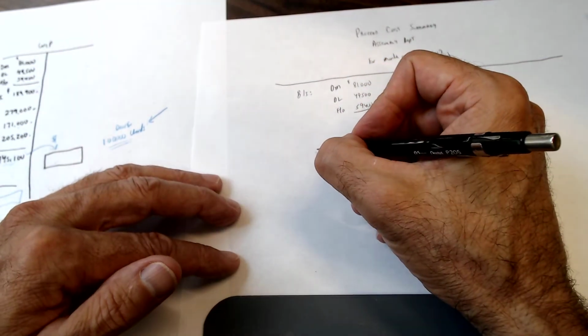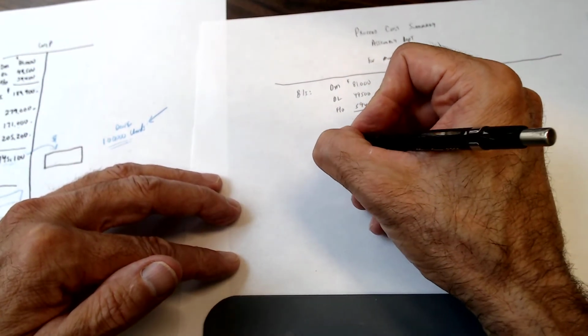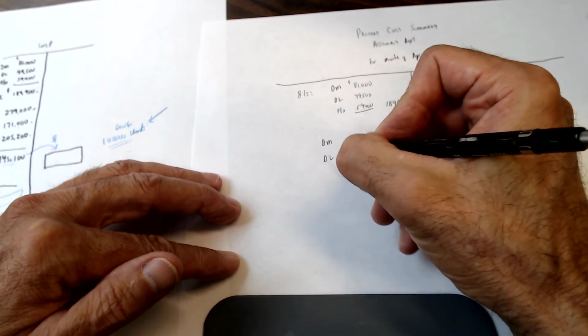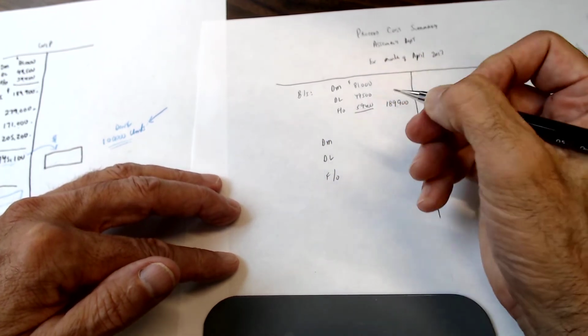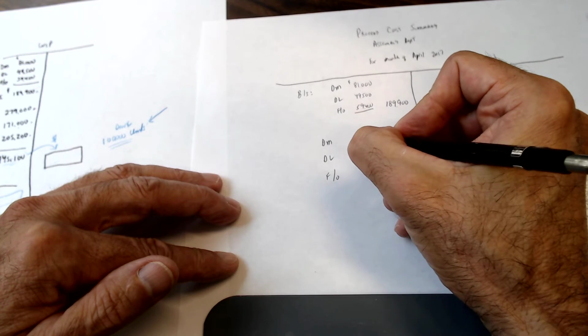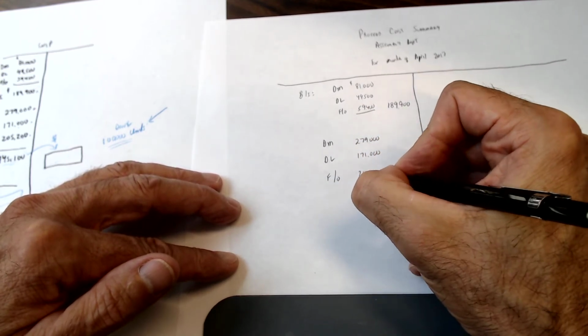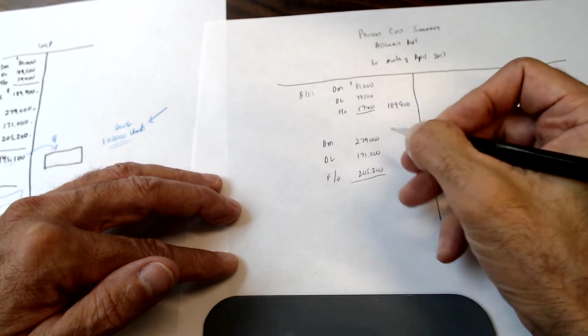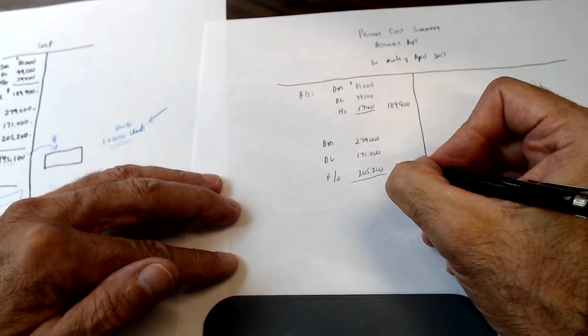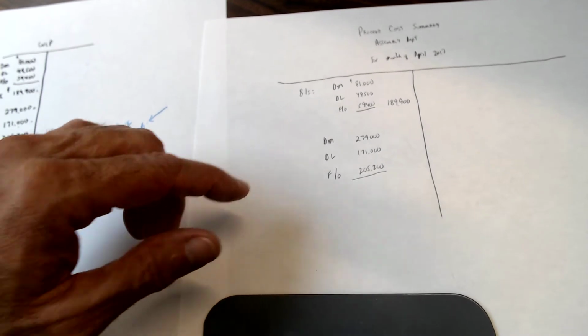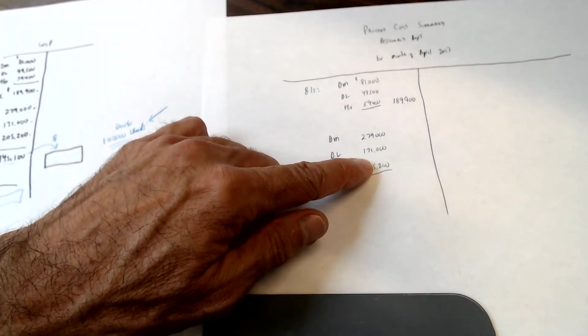Then I added direct materials, direct labor, and factory overhead of $279, $171, $205. We're going to do this in a couple, 3 videos, so this isn't the only time you're going to see it. Let me add up my current production costs.